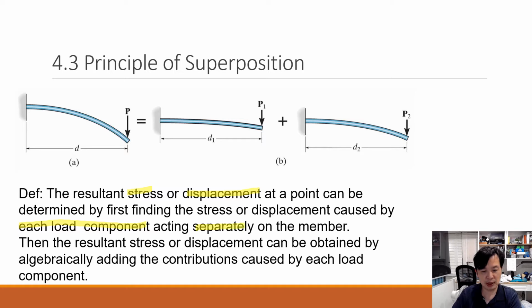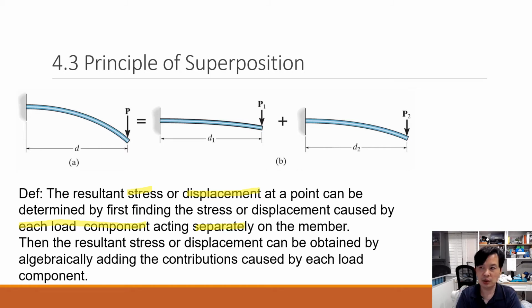So separately means you can derive the corresponding stress or displacement or strain from each simple loading condition. For example, like you apply two or three or more loads, moments, force on one component. In that case, the loading condition could be very complex.